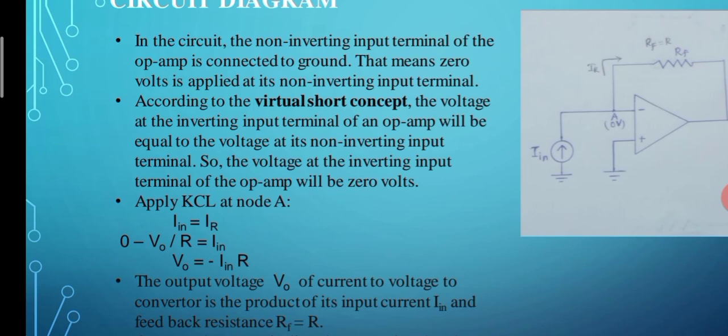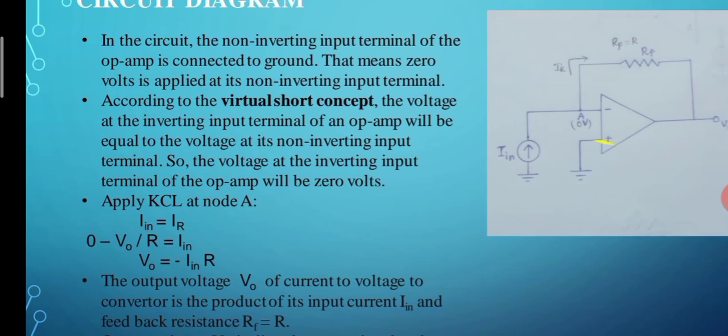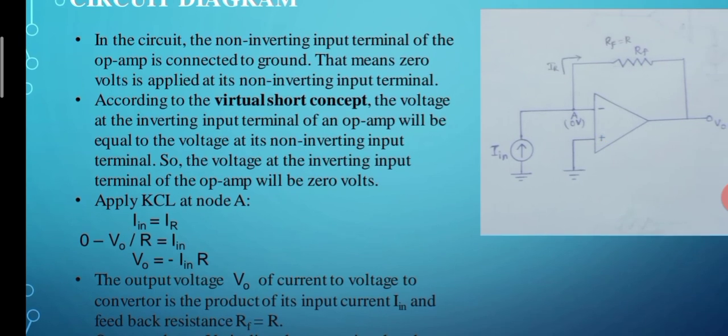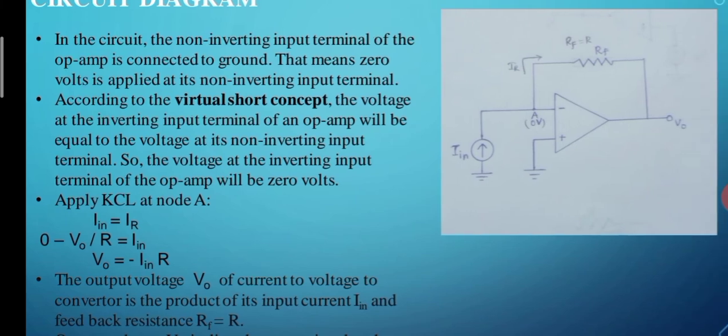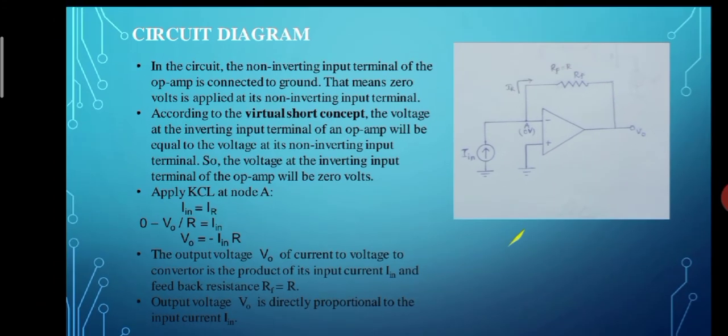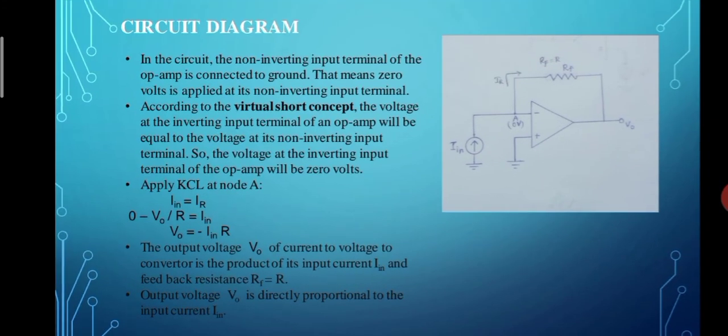So IIN is equal to IR, where IR is equal to 0 minus V0 divided by R, which is equal to IIN. If you solve that, we get V0 is equal to minus IIN into R.